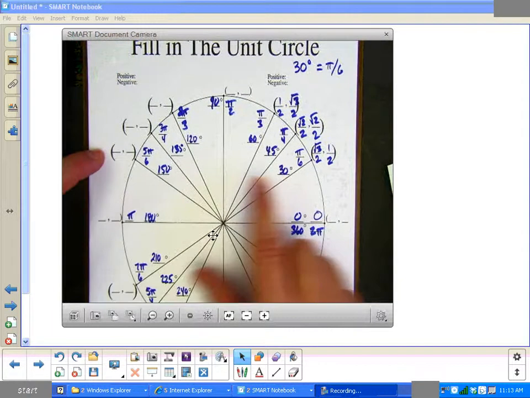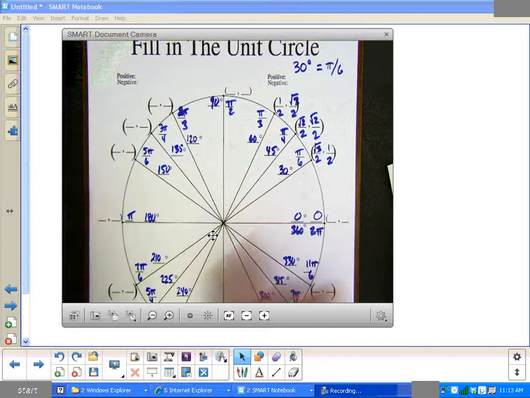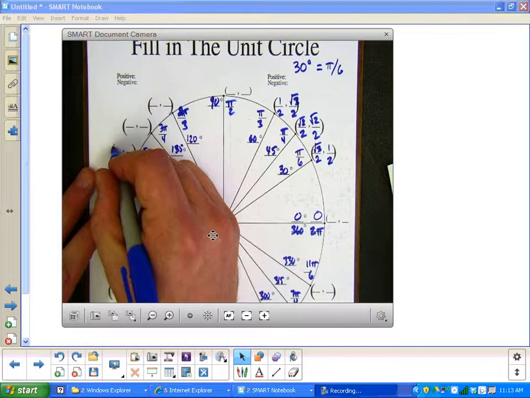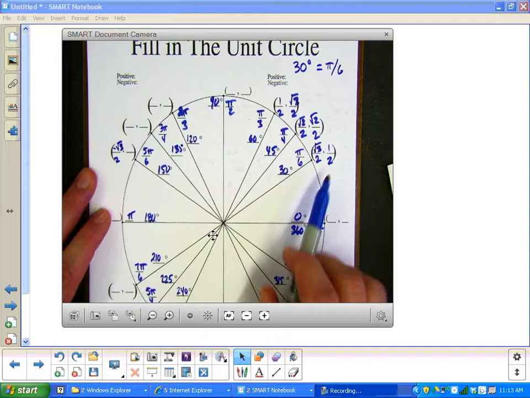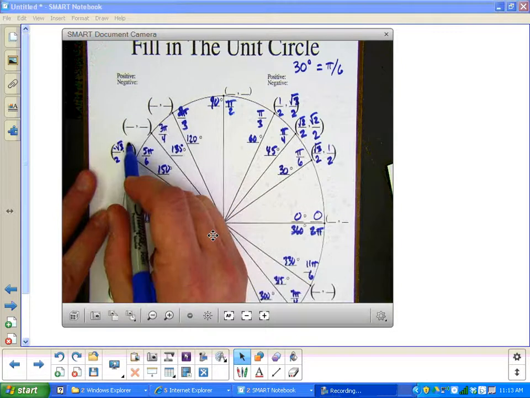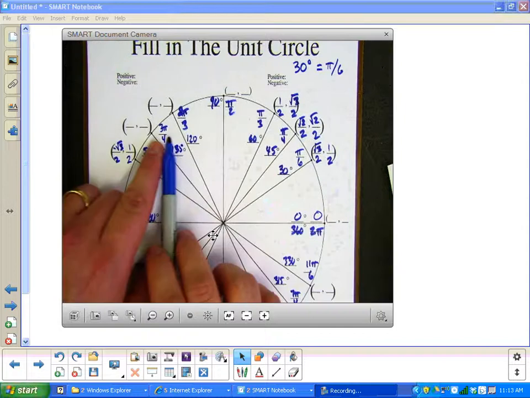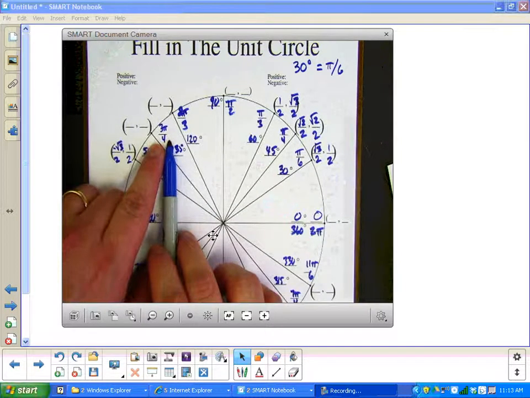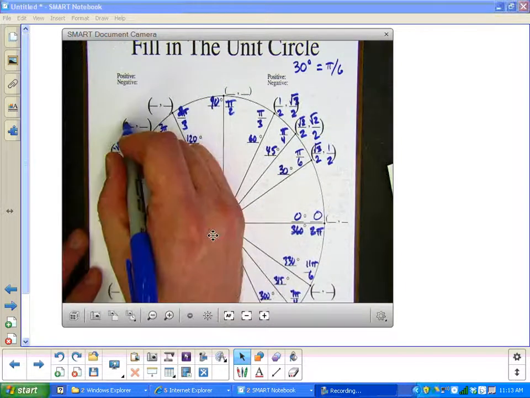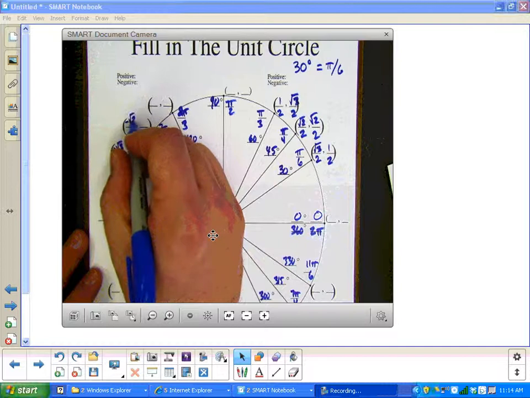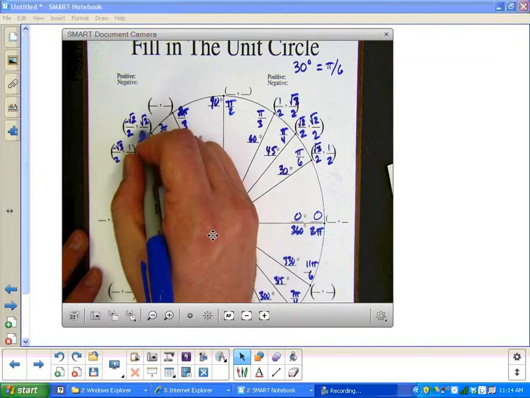So these are going to be the same numbers, except for the x coordinate is going to be negative. So it's going to be negative square root of 3 over 2. Now, would the 1/2 change to negative? No. Okay. So now the pi over 4 is going to reflect over to 3 pi over 4. And so now this one's just going to be negative right there. Square root of 2 over 2 and square root of 2 over 2.